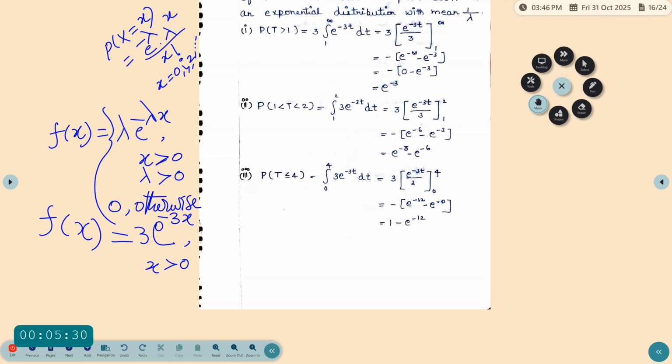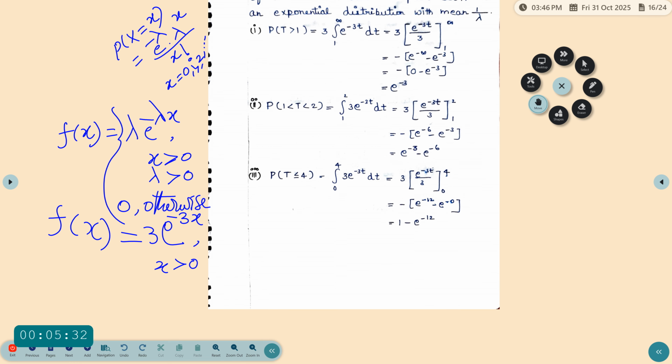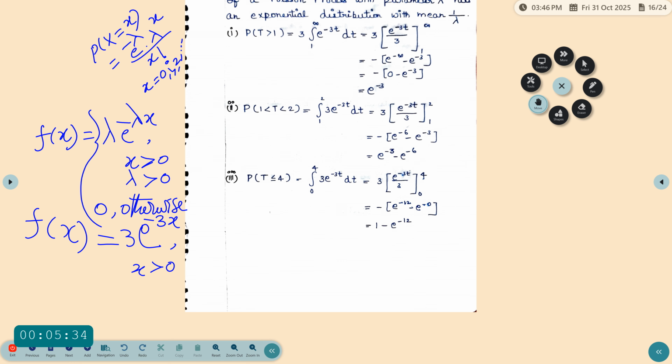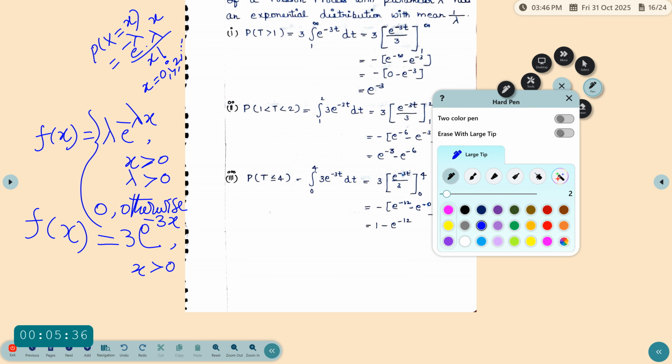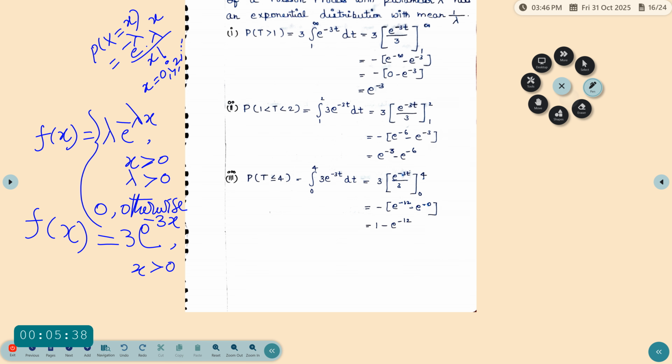Since t is greater than 1, P of t greater than 1 equals 3 times the integral from 1 to infinity of e power minus 3t dt, using the function f of x equal to 3 e power minus 3x.